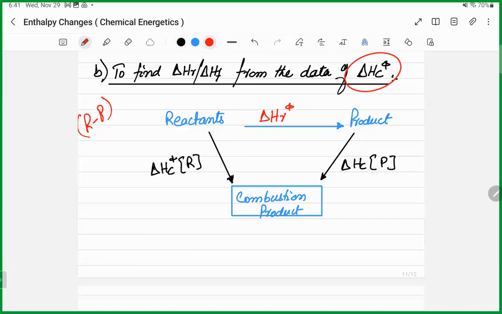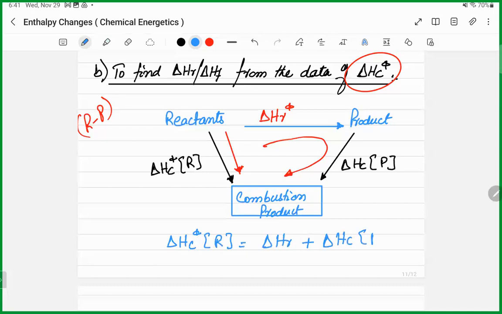Can we identify the direct route? C of R or C of P? This is the direct route. Agreed? And this is the indirect route. है ना? Just follow the arrow. This plus this is equal to this. ठीक है? Now, can I write down the Hess's law that delta H combustion of reactant, which is the direct route, is equal to delta HR plus enthalpy change combustion of product.